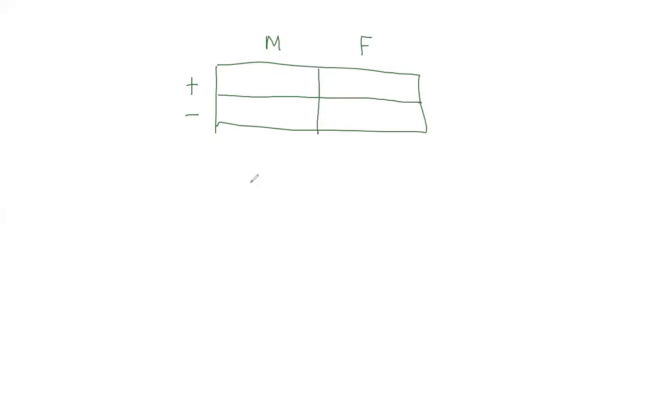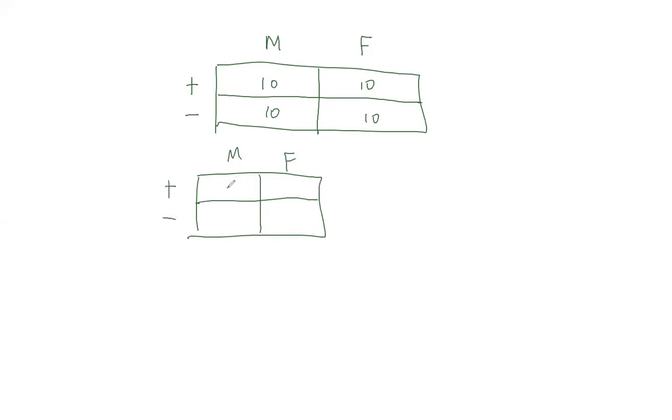Let's say before you split by male and female, before you make a split based on male or female, you have something like this. Let's say 10, 10, 10, 10. After you split by, let's say, male, you get something like this. On the left split, maybe, okay, let me choose something like this.